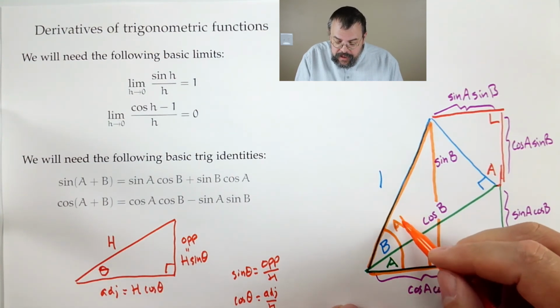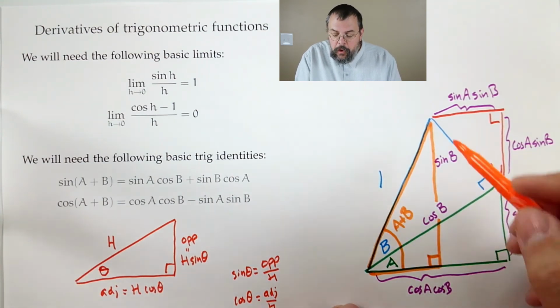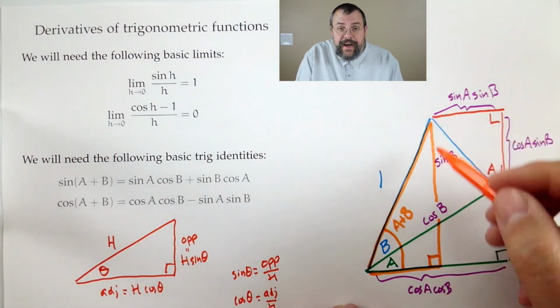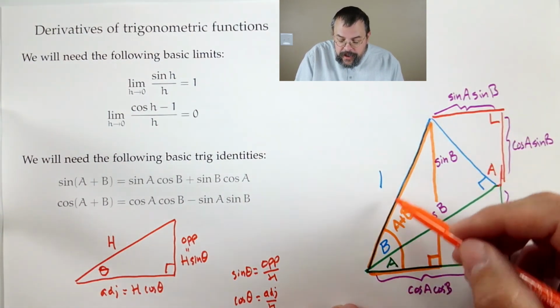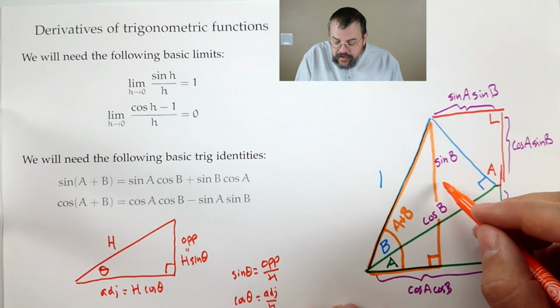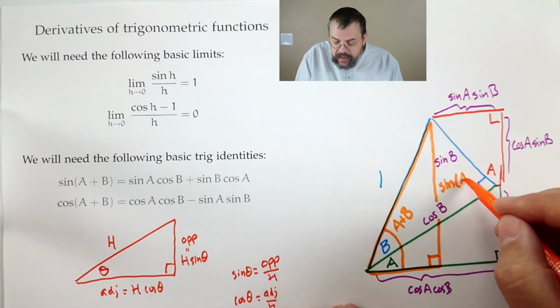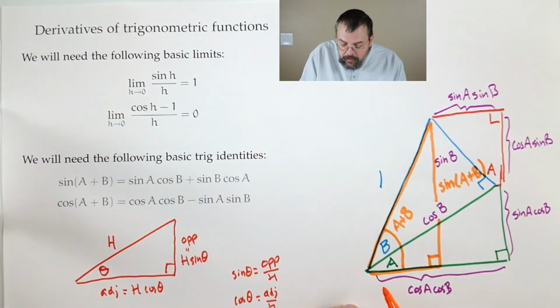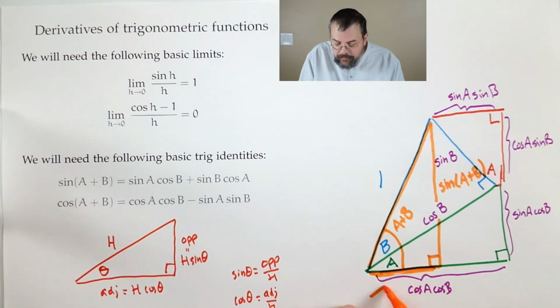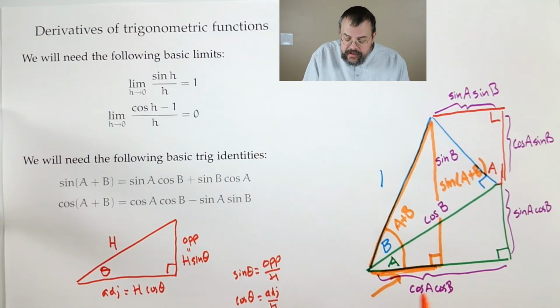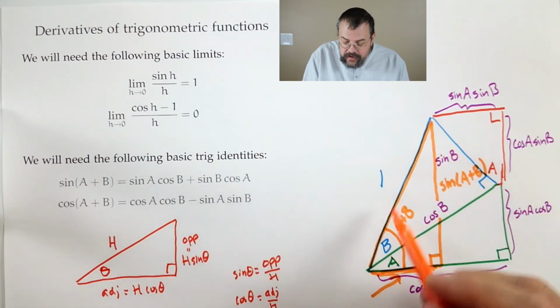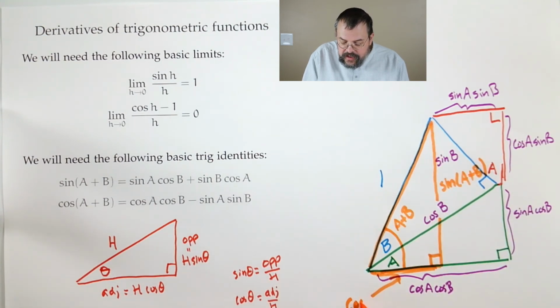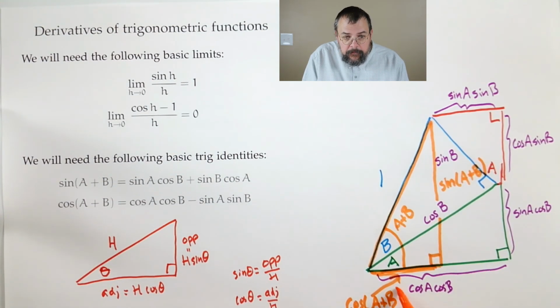It's a plus b. What's the length up and down? Well, I know the hypotenuse is 1, so this is sine of a plus b. What's this length here? It's the adjacent, and I know the hypotenuse is 1, so that's the cosine of a plus b.